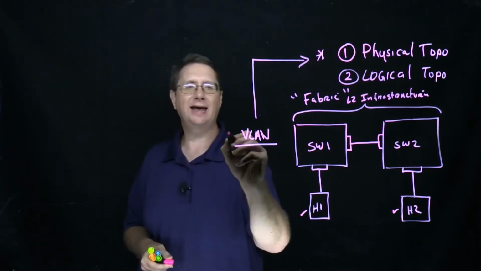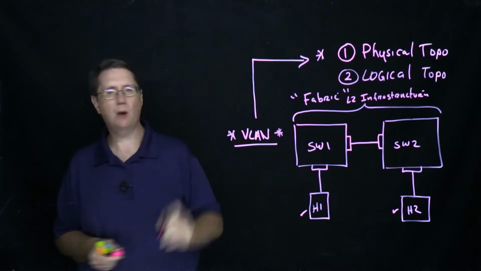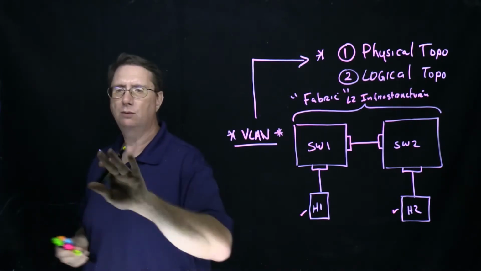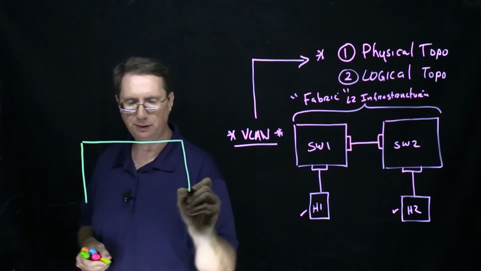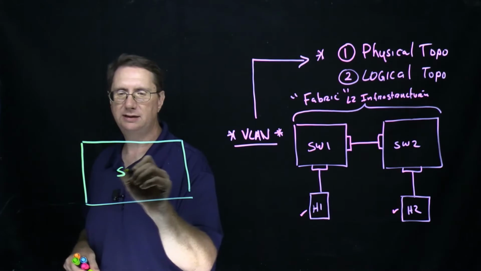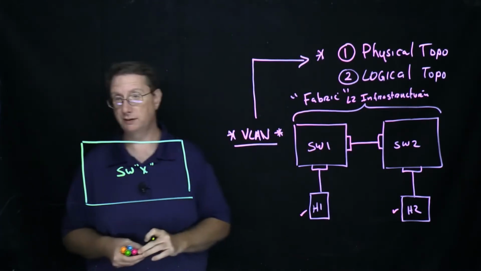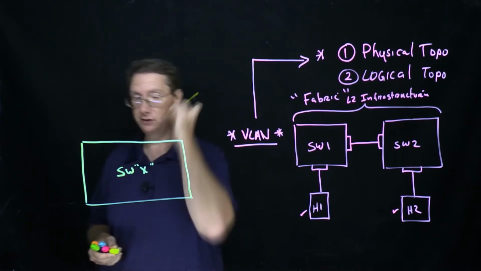So a VLAN, in all honesty, is a logical topology, and here's why. Let me change pin colors here. When I look at a concept like a VLAN, I have the capability of acquiring a switch. Now let's just say this is SWX. Not necessarily part of the scenario here, but I am trying to use this for the purposes of illustrating a point.